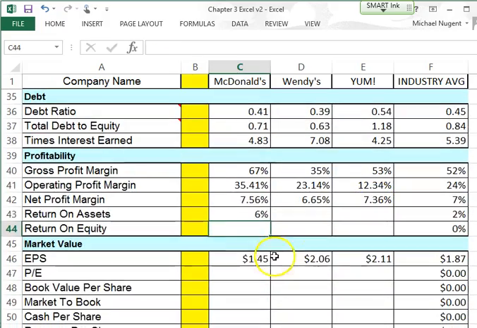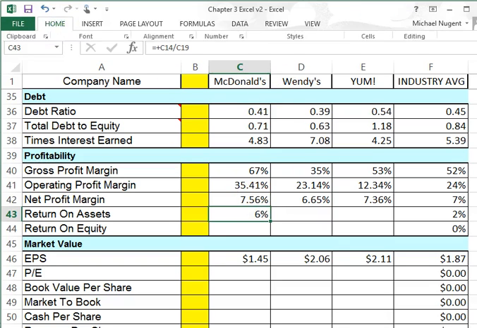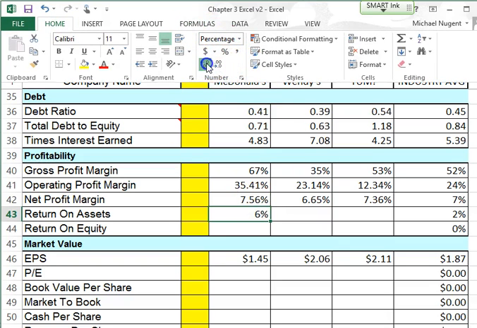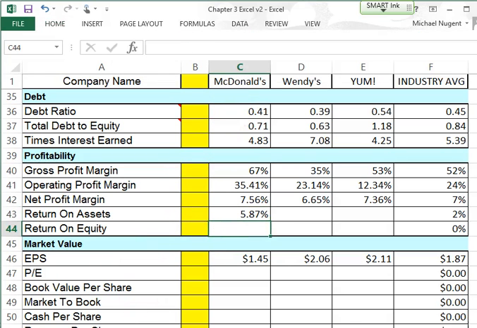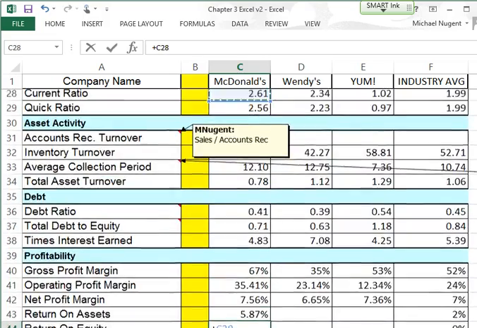Okay. All right. So this one you can calculate and do return on equity, which I'm going to look at together with it.